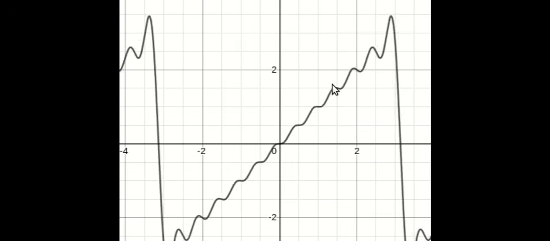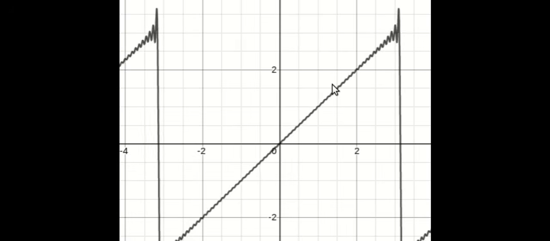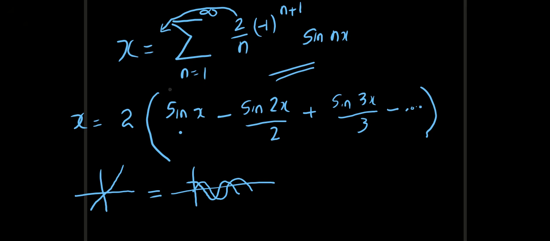But the beauty is we are able to express a line in terms of sine and cos. So I hope you got a clear idea how we are able to express many functions in terms of sine and cos. And here it's a sine series.